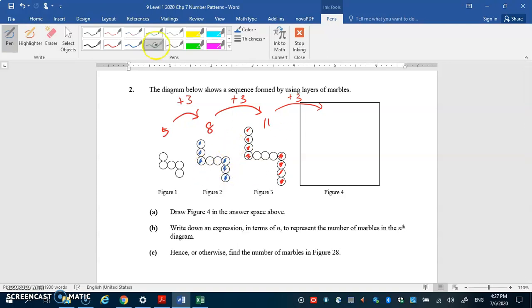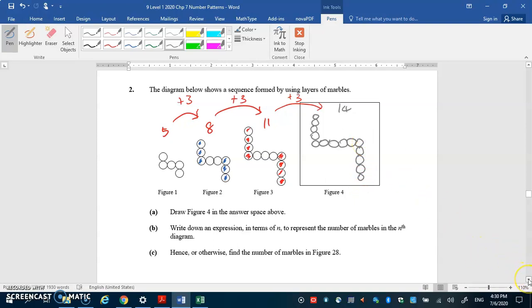So same thing for figure 4, gonna have 5 vertically, right? 1, 2, 3, 4, 5, and then we're gonna have 4 in the middle, 1, 2, 3, 4, and then 5 vertically down again. Okay, so let's count whether we have 14 over here. 1, 2, 3, 4, 5, 6, 7, 8, 9, 10, 11, 12, 13, 14. Very good. Okay, so figure 4 is drawn.